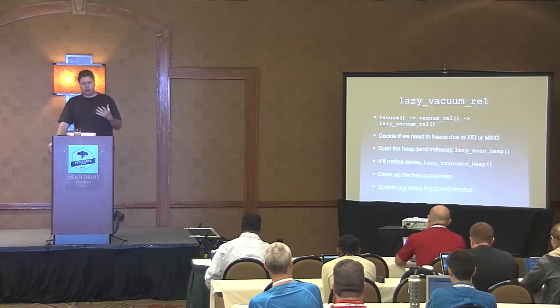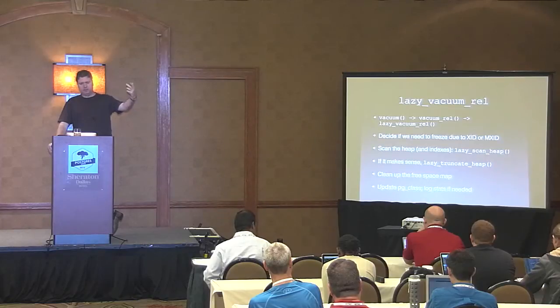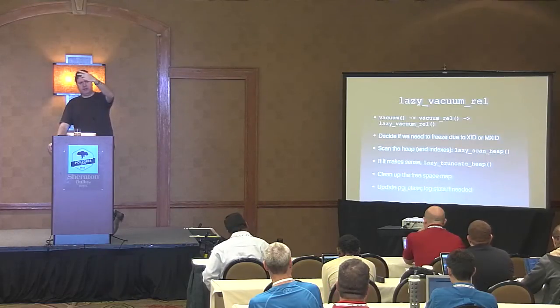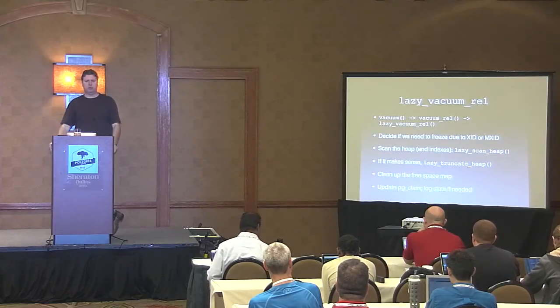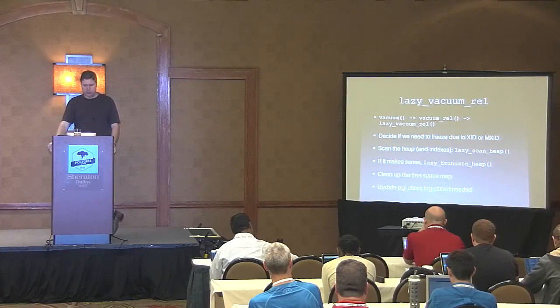The bulk of the work actually happens in lazy_vacuum_rel. So we've gone from the vacuum command, which calls vacuum_rel, which says, hey, we're doing a lazy vacuum, which is a normal vacuum, not a vacuum full. And now we're doing the actual work on one single table, either a regular table or a toast table.